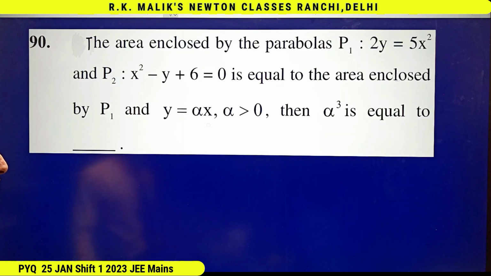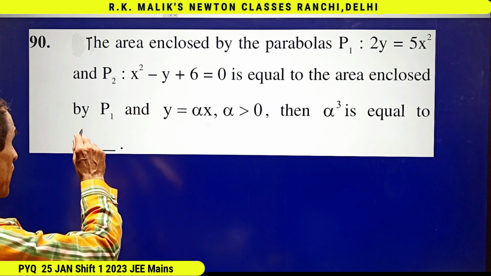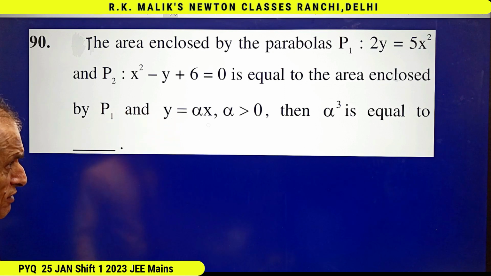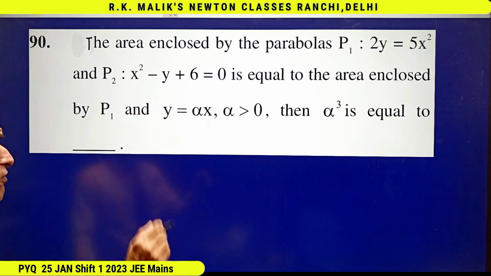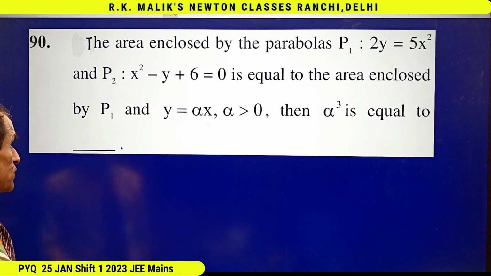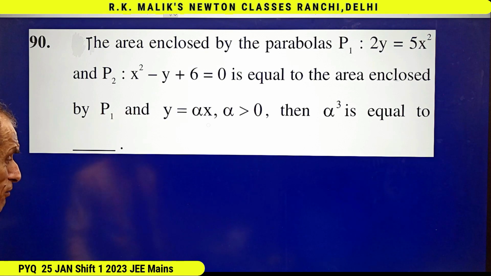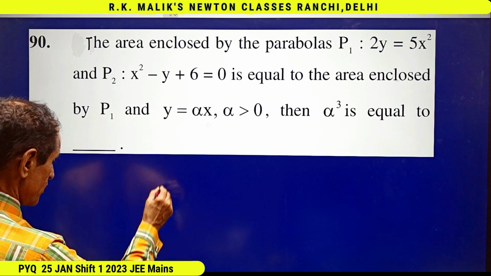And the second part of the question is the area enclosed by the parabola P1 and the line y equal to alpha x is equal to the previous area. Let us first draw the graph of P1 and y equal to alpha x on the same coordinate axis.